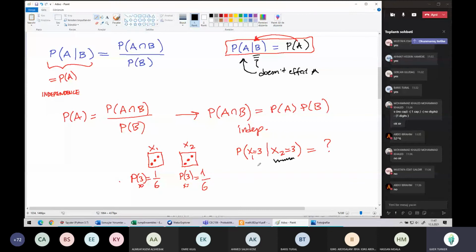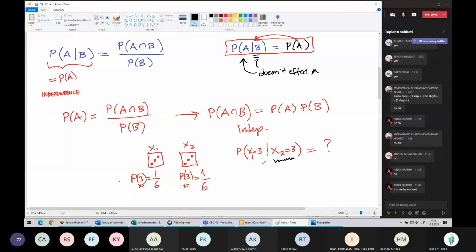Does it change? Does it affect each other? They do not affect. You roll the first die, you get a 6. And what is the probability that the second one is also a 6? They don't affect each other. So it is equal to P(x1 equals 3), and it is 1 over 6 simply.